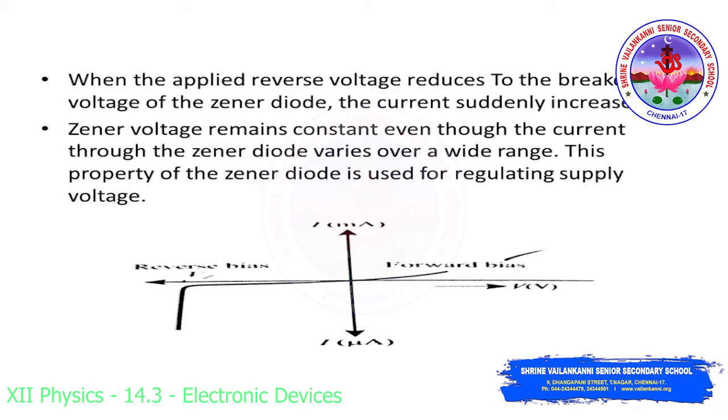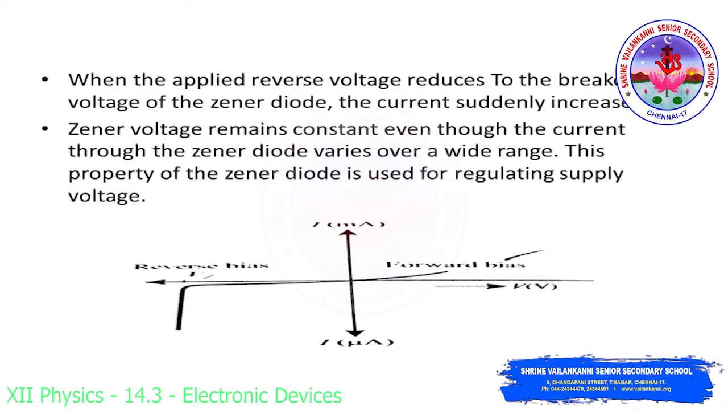See the characteristics: when we apply the reverse voltage and increase it up to the breakdown voltage of the Zener, the current suddenly increases. So after the breakdown voltage, a large change in the current can be produced by an almost insignificant change in the reverse bias voltage.